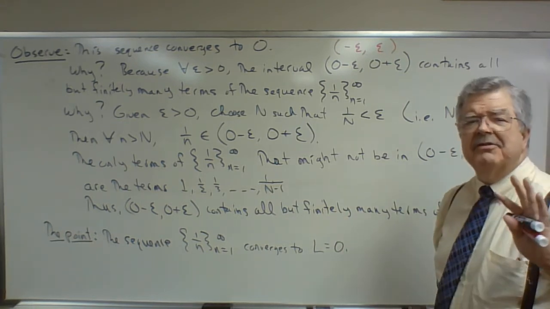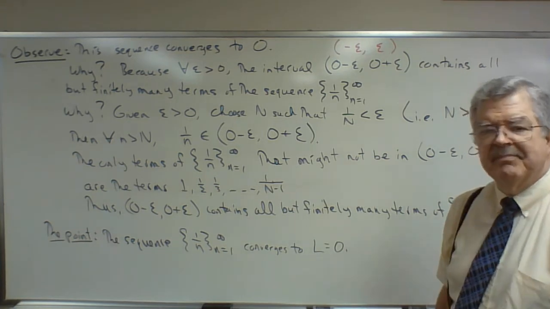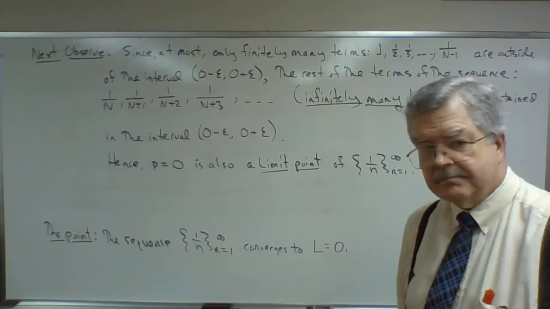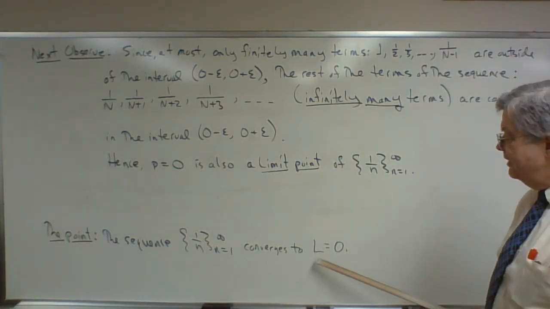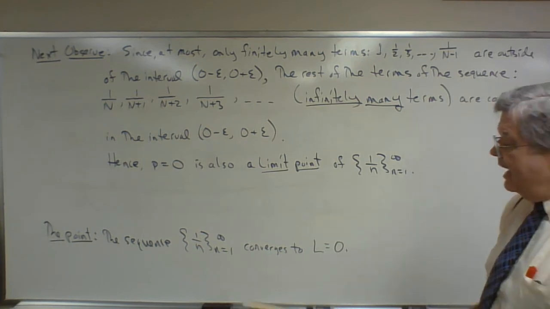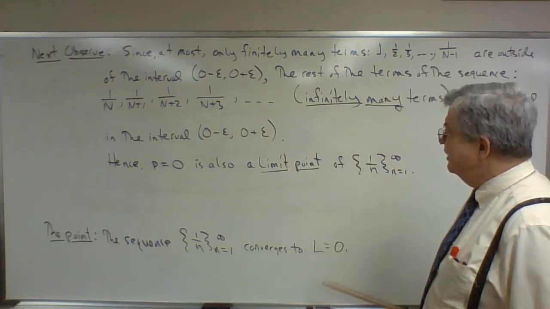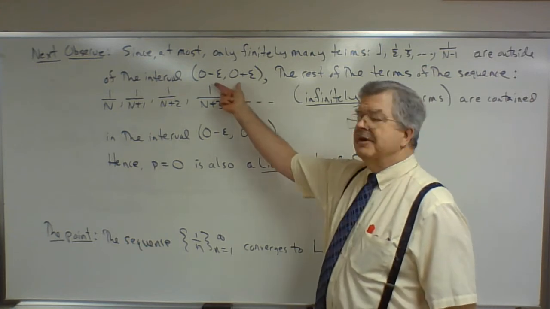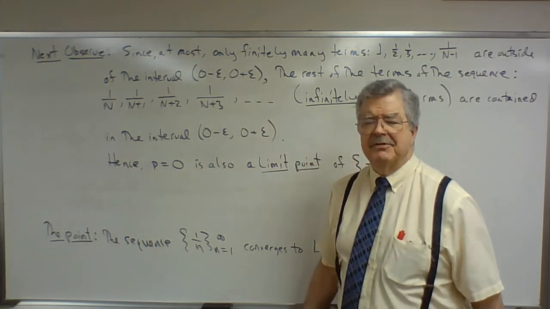Now let's take this a little bit further, okay? We noted that the sequence converged to L equals 0. And the way that we showed that the sequence converged to L equals 0 was by showing that this interval contained all but finitely many terms of the sequence.